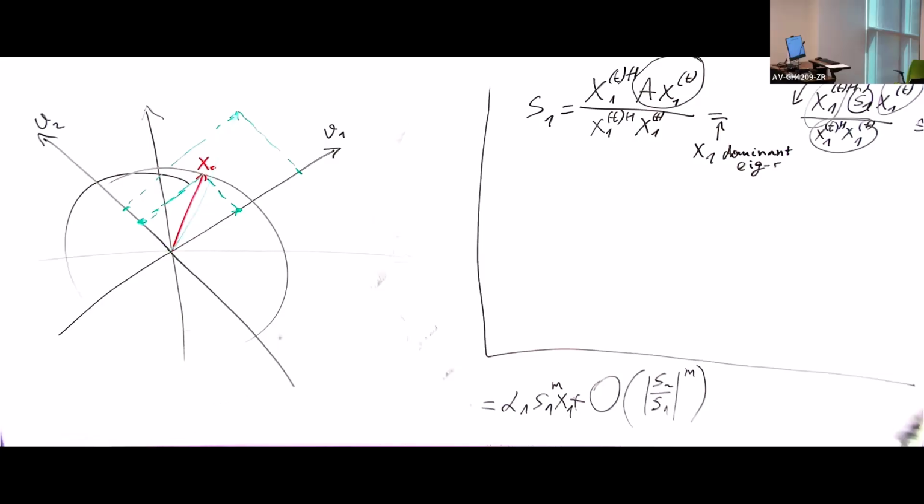Now, this is my step of multiplication by matrix A. And after multiplying by matrix A, I will get that point here. The second step is normalizing it again to the unit circle. So this circle is 1, minus 1. So I'm projecting it back to that point here. Right?